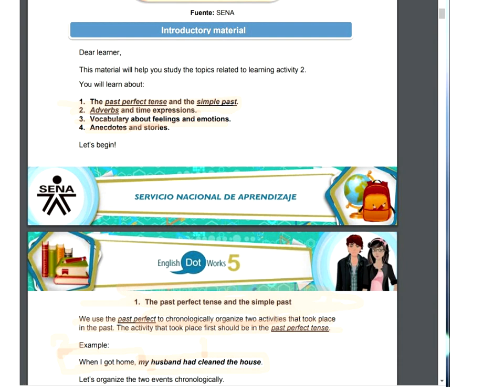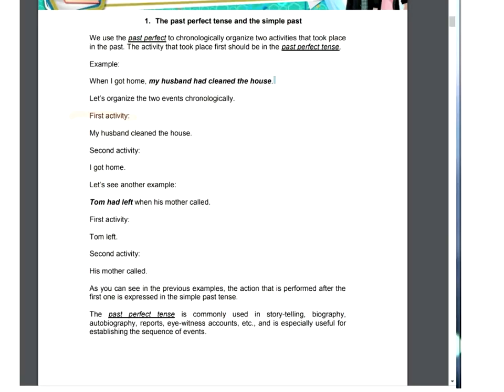That information is what you see a little bit further on this very same document. It says, first activity, my husband cleaned the house. Second activity, I got home. Another example. Tom had left when his mother called. According to this, the first activity is Tom left and the second activity is his mother called.